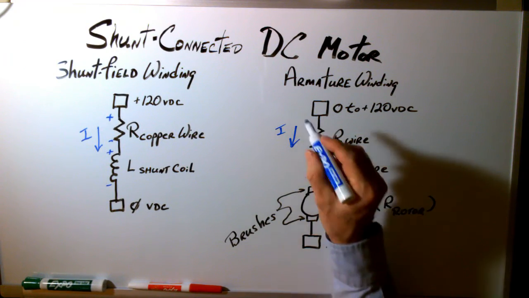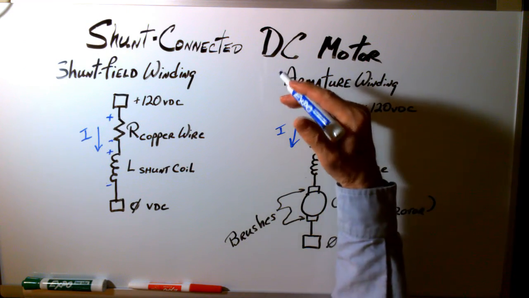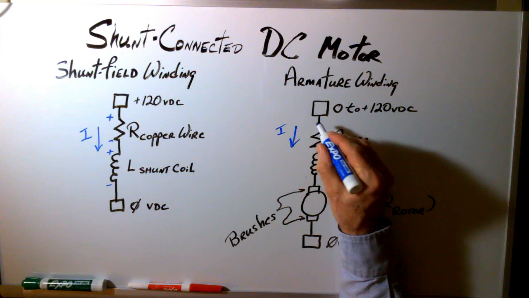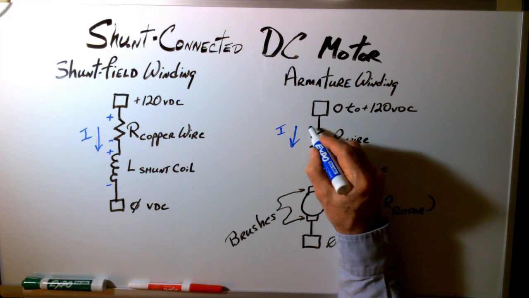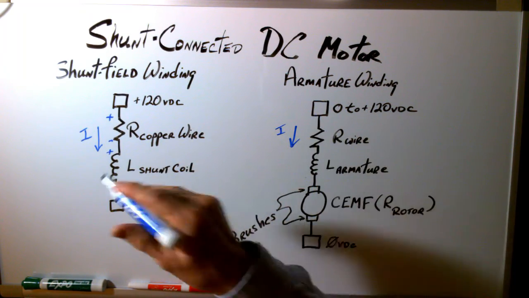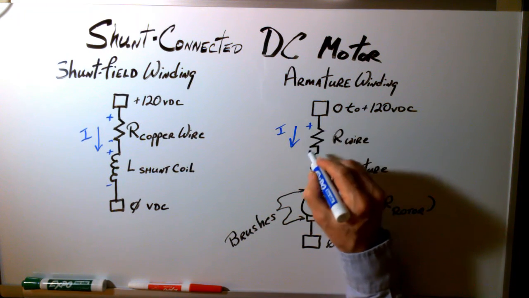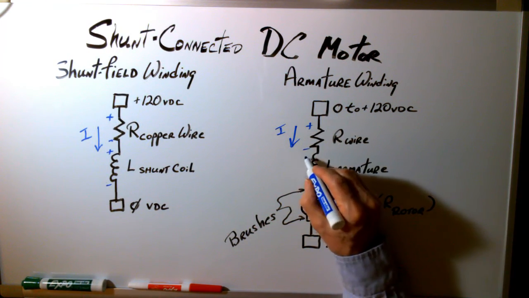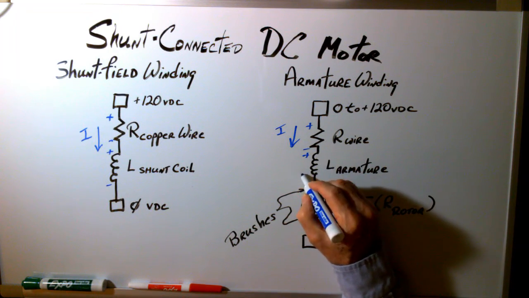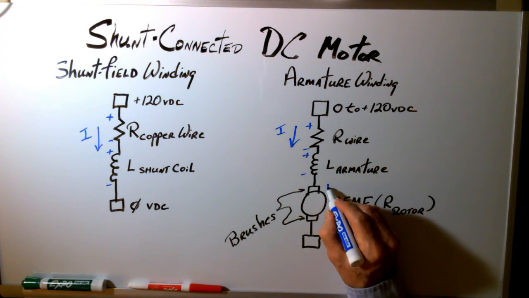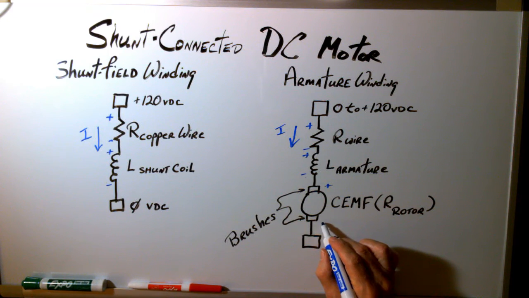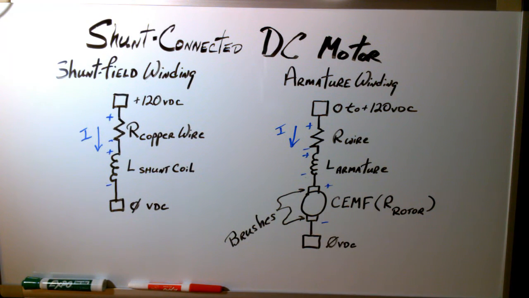If I'm flowing that way from positive to negative, then the polarity of my voltage drops here will be just like they were over here in the shunt. It'll be positive on top, negative on bottom, positive on top, negative on bottom, positive on top, negative on bottom. Okay, so there you have the model.